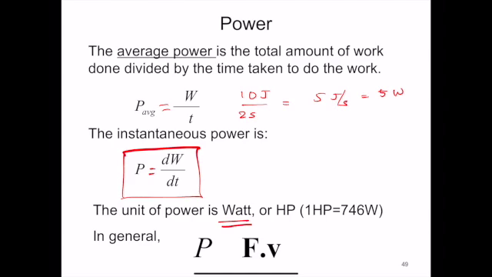And another unit that's also used is the horsepower. 1 horsepower is 746 watts. So a horsepower is a unit that's been used for a very long time. I'm told that this unit came about because when cars were first becoming popular, horse-drawn carriages were the established thing at that time.